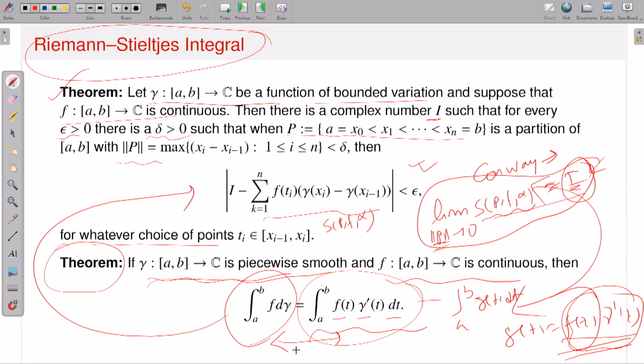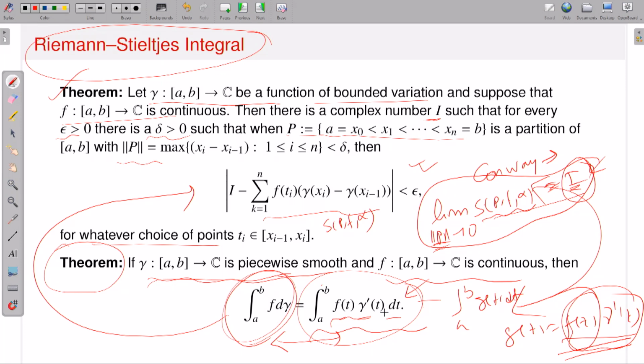Therefore, if my function gamma is piecewise smooth, that means it is a function of bounded variation, and if I start with a continuous function f, then the corresponding Riemann Stieltjes integral, the integral of f with respect to a function of bounded variation, is exactly equal to the corresponding Riemann integral where your integrand is f(t) times gamma prime(t). So there is a connection: using the concepts you are familiar with from Riemann integration, I am now defining what is called the Riemann Stieltjes integral.